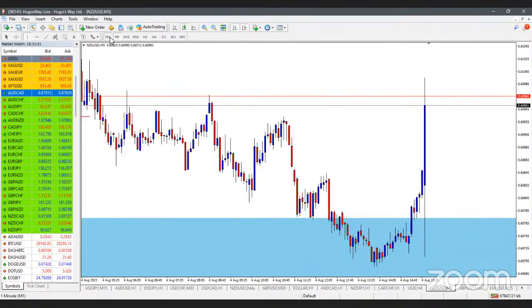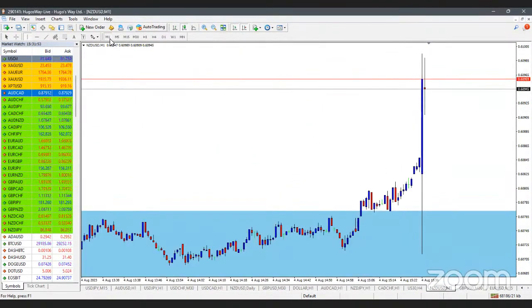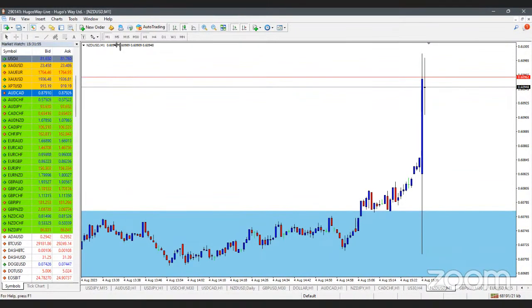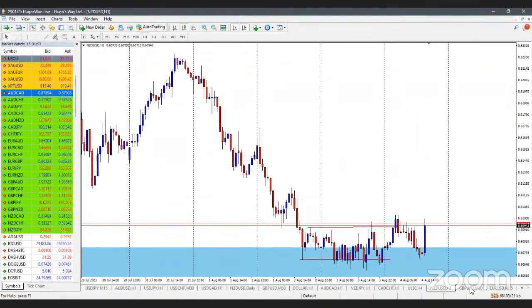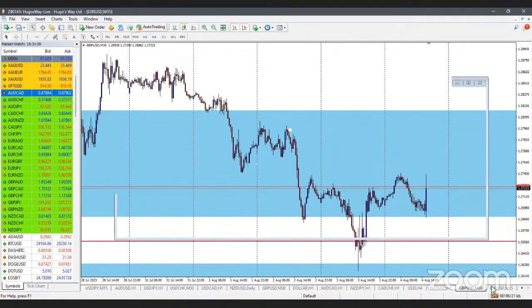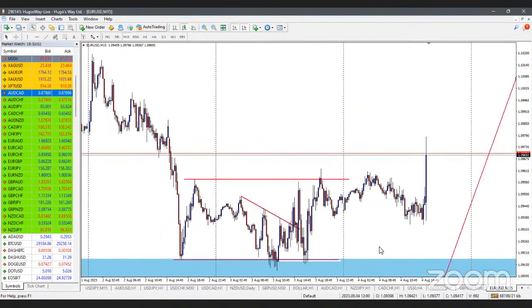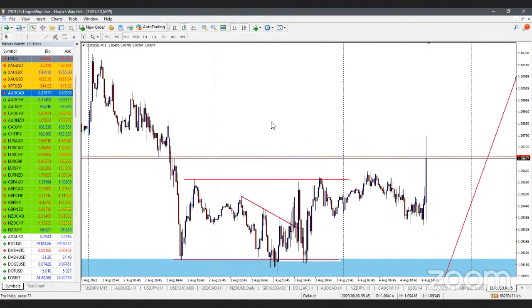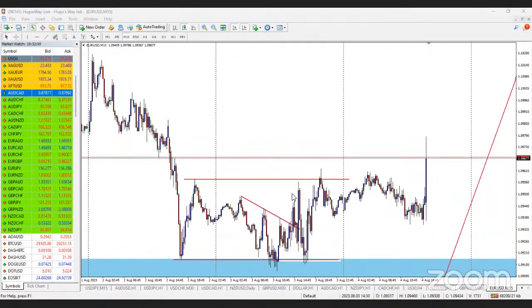NZDUSD kind of long and short, even though I know that we should have a long, but nothing really substantial. Neither Euro USD. So actually the news has come out to be bearish. Let's take a quick look at the scene. Now I know that this is going to go long anyway eventually, but let's just see if we can grab something. So let me go to FX Street really quickly.